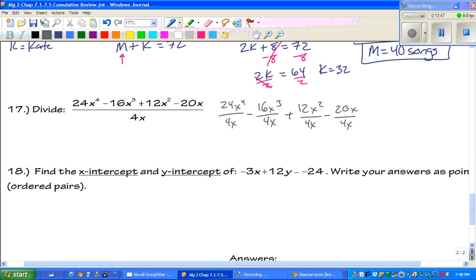And now all you have to do is divide each one of those out and subtract the exponents. So we get 6x cubed minus 4x squared plus 3x minus 5.